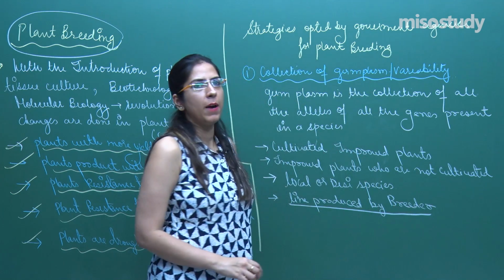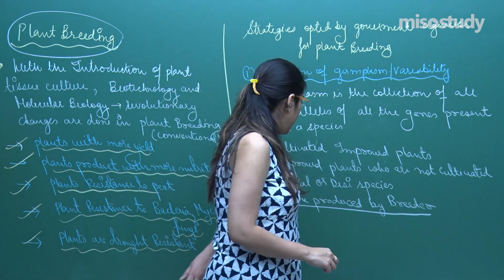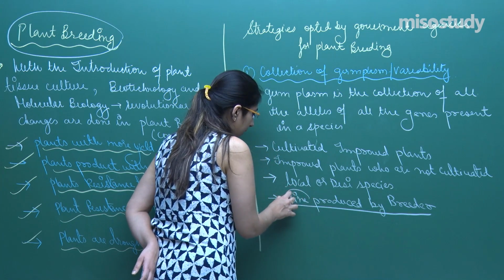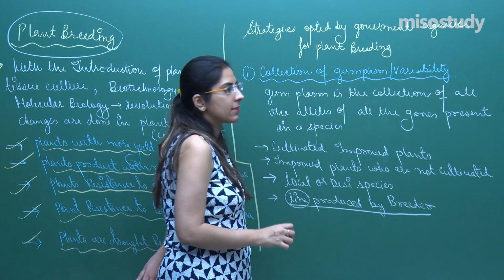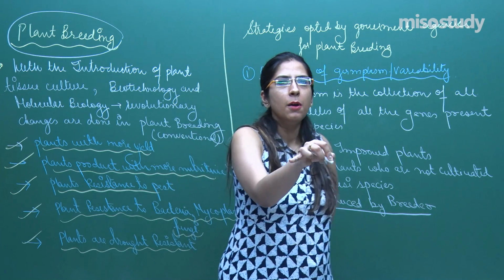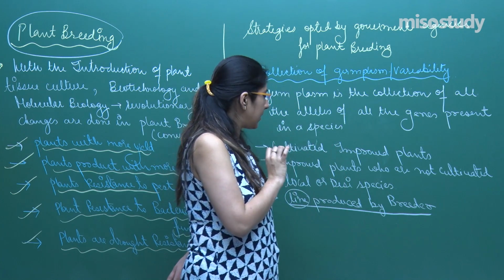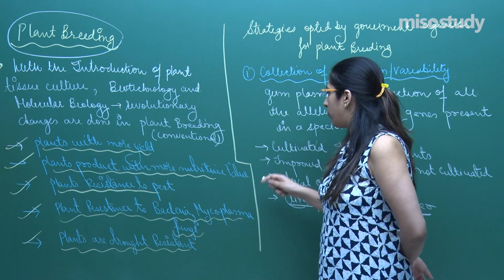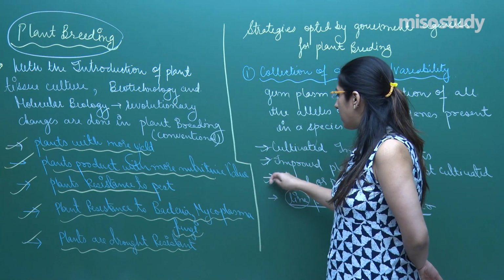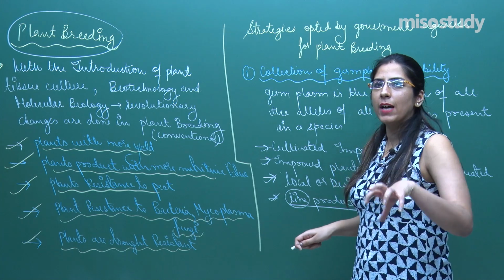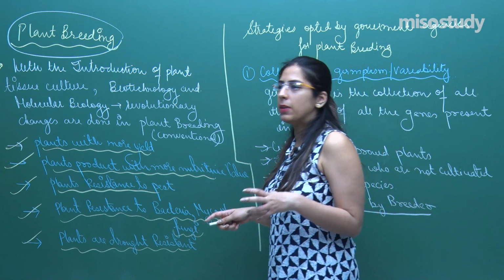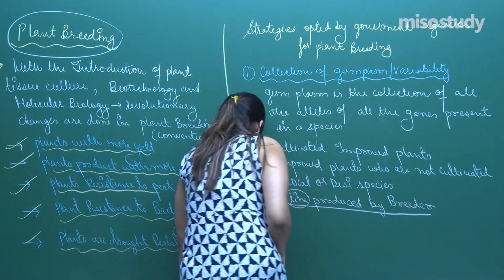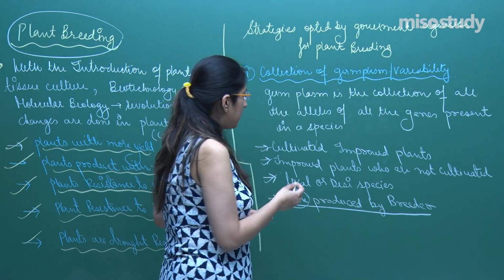Line, which is produced by the breeder. Here, line means the defined characteristics are present in that particular population. So that is defined as a line. So we have collected all those things, but we cannot forget a very important thing, that is those varieties which are locally available, or more precisely the wild varieties of the species, right.